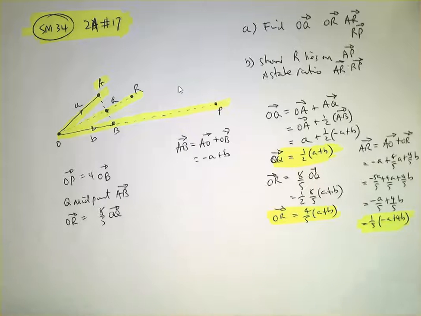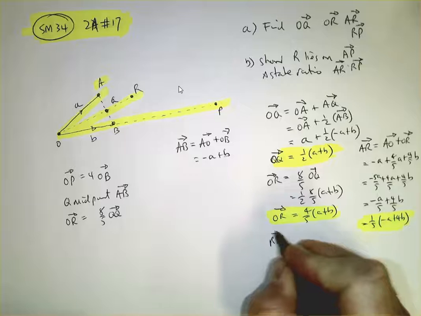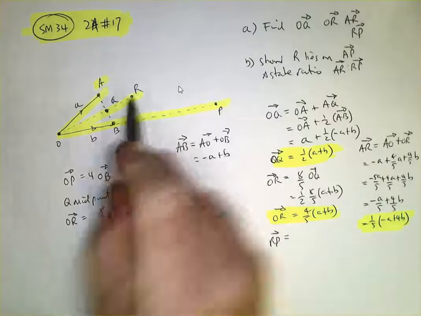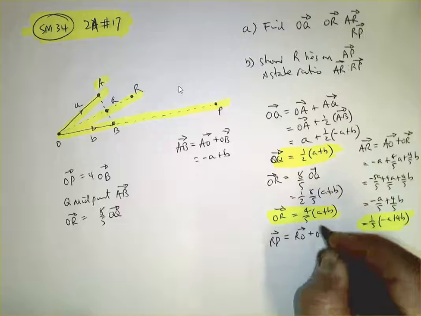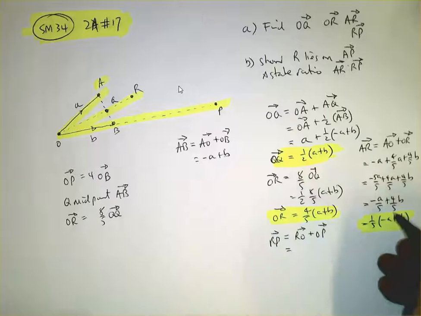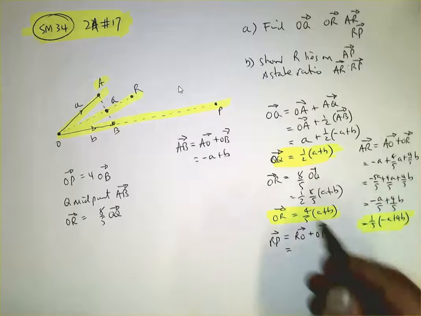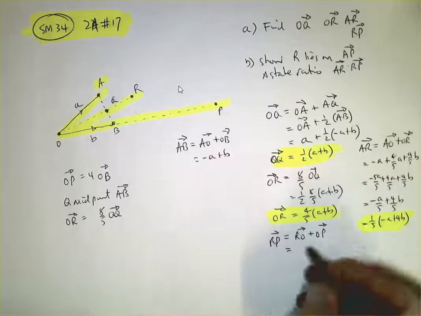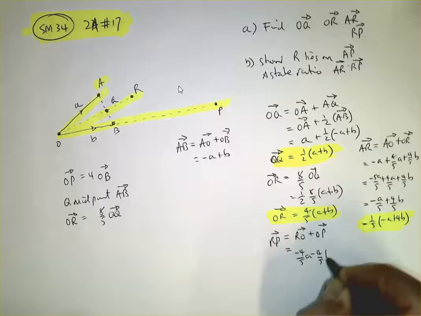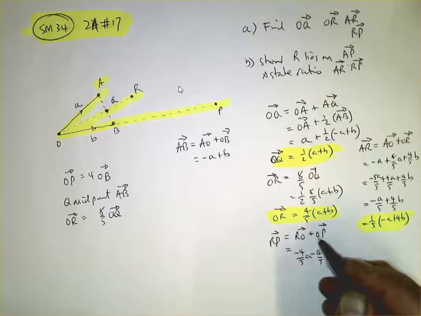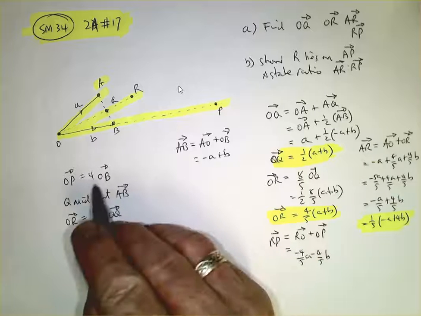And lastly, R to P. R to P is going to be R to O plus O to P. R to O will be negative 4/5 A minus 4/5 B. O to P is going to be 4B.